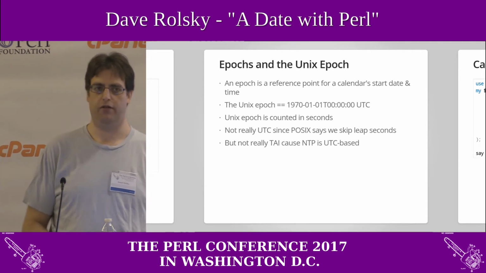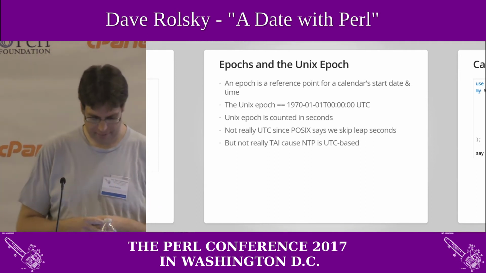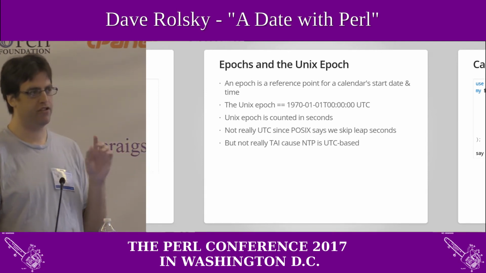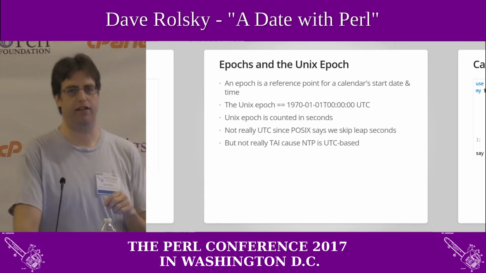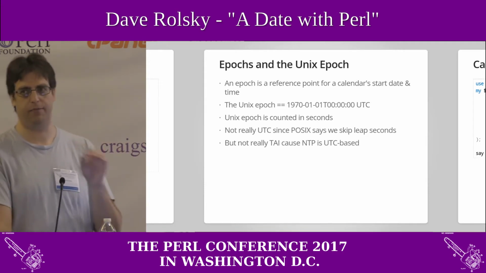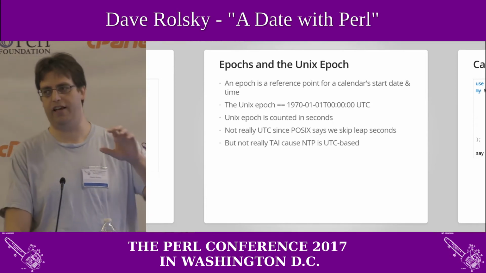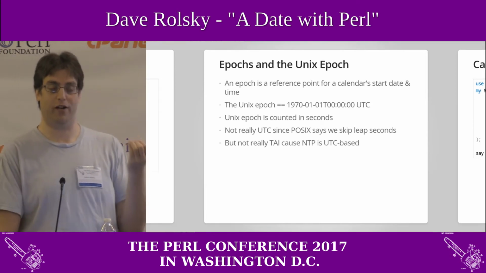So Unix epoch 10 was 10 seconds after that start time. It's not really UTC, even though it claims it's UTC, because POSIX actually specifies explicitly that we skip leap seconds. And this causes a funny thing. This is just great amusement.